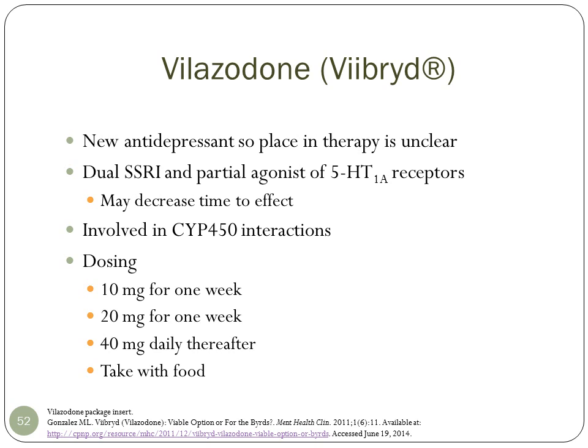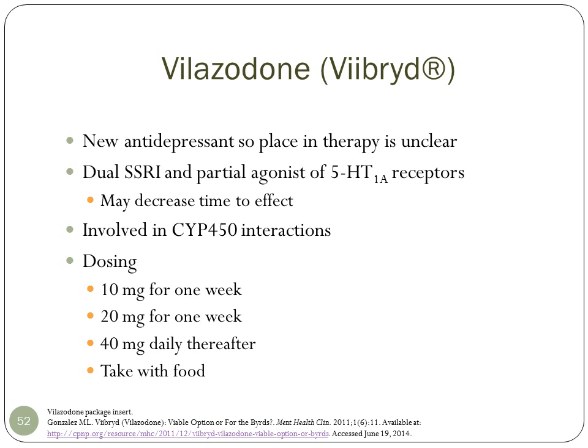It has a unique mechanism in that it's a dual SSRI and a partial agonist at those serotonin 1A receptors. This is thought to decrease the time to effect and to decrease that lag time. It actually stimulates that serotonin 1A receptor, causing it to burn out faster, thus eliminating negative feedback on serotonin release. So whether this plays out clinically is yet to be determined. I haven't heard anything about it working much faster for patients, but that was the thought behind the mechanism.